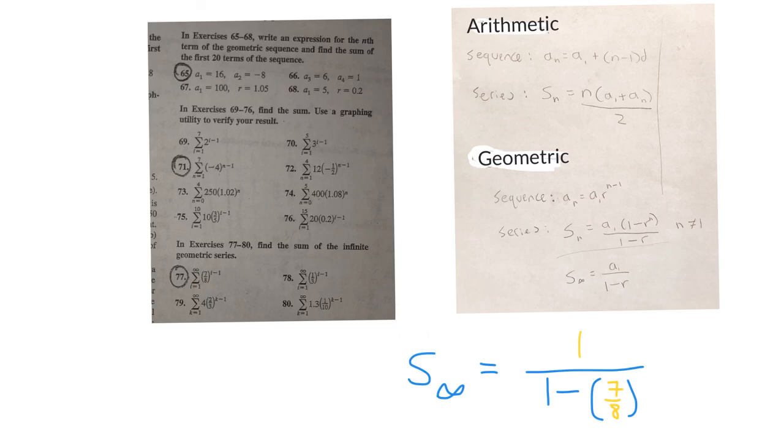And that's going to end up becoming, I could actually do this in my head. That's going to be 8 over 8 minus 7 over 8, so that's going to be 1/8, and that will be 8. Okay, so you could also use the calculator if need be, but at the end of the day, this one is going to be 8.